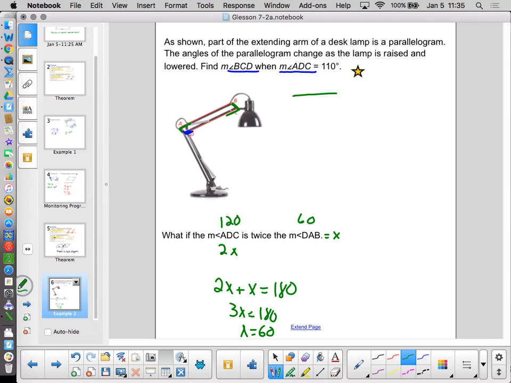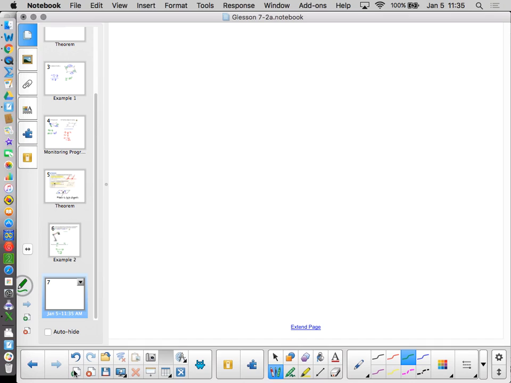So properties of parallelograms, just to summarize. You might want to make sure this winds up in your notes.